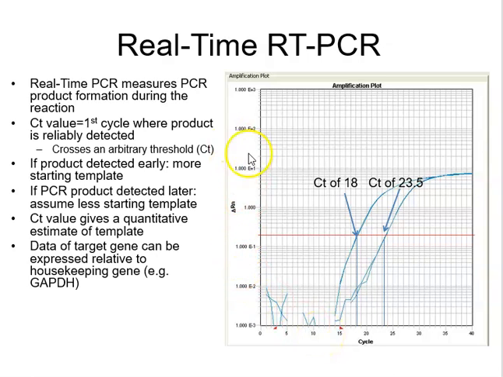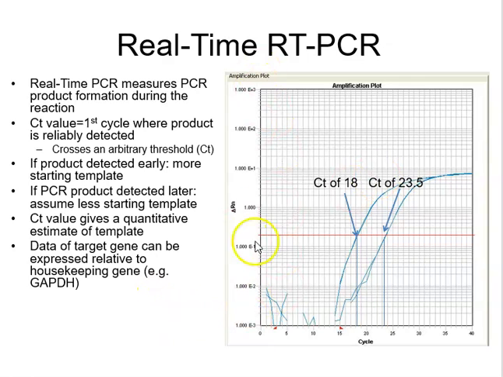This axis is change in fluorescence per cycle, and basically as the reaction progresses, more PCR products formed, more probes bind. As the probes block the path of DNA polymerase, the reporters get cleaved off, and that gives more fluorescence, so fluorescence increases every cycle.